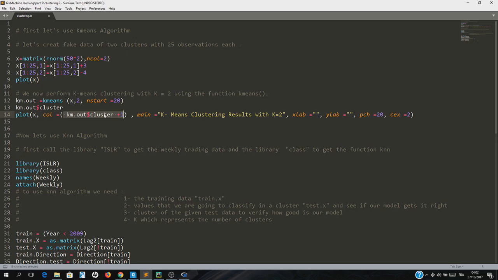So we have different colors for different classes, and this is just the naming and the labeling. We're not going to put anything for the labeling and so on. So let me show you all of this. We already executed the other one.